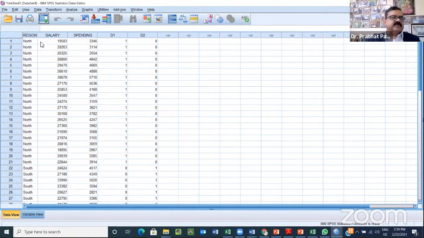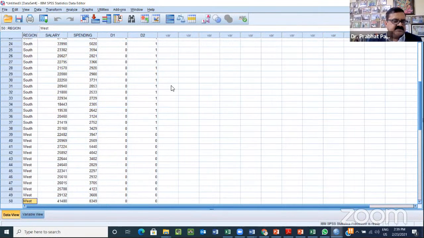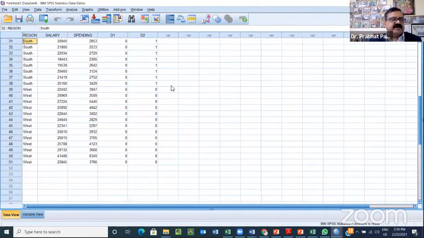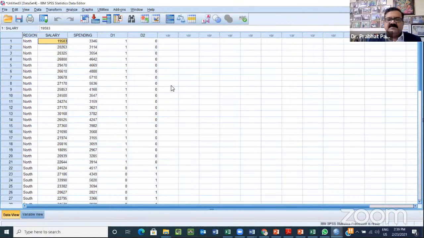So what is the problem? The problem in hand is that we have the data for north, that is one region, south, another region, west, third region. So there are three regions for which we have the data on salary given to the teacher. So these are the salary teachers get.